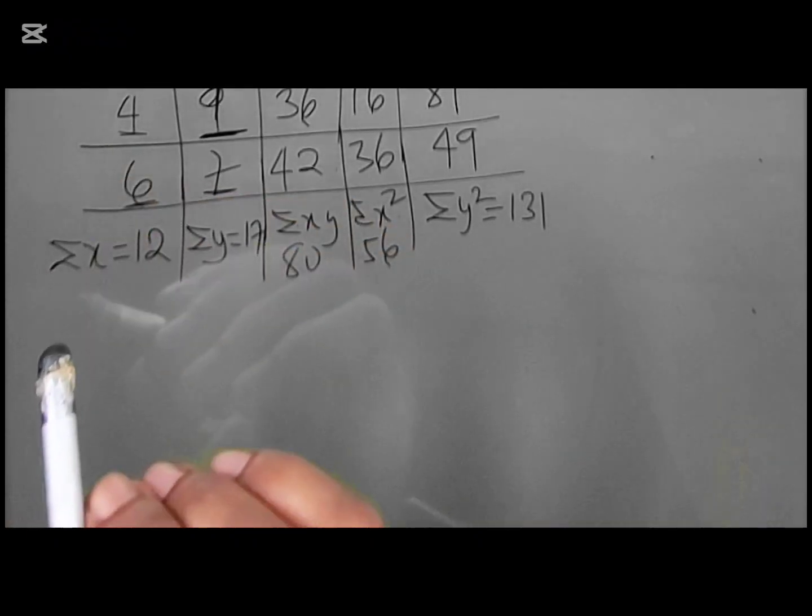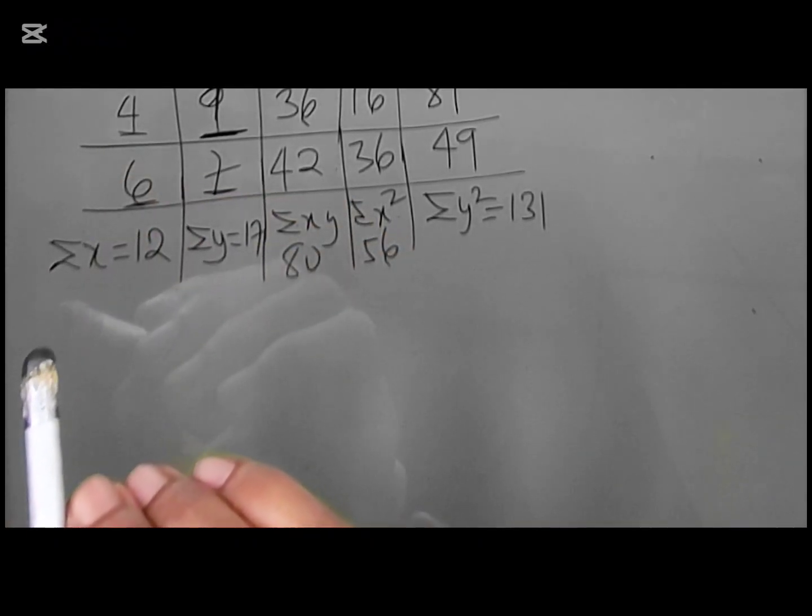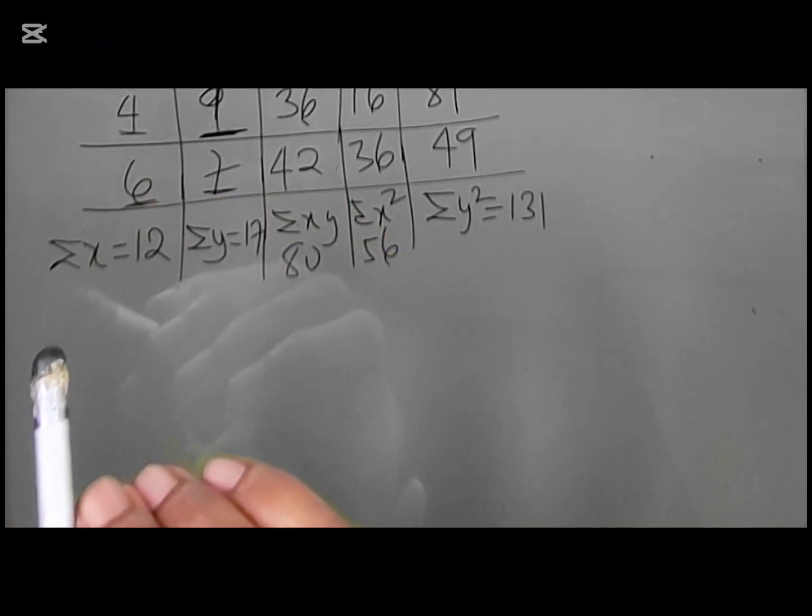Okay, now let's try to impute the values into the formula of the Pearson product moment correlation.